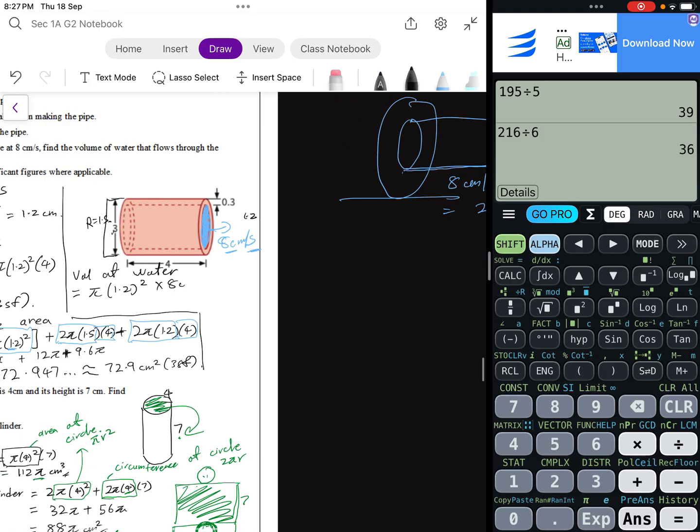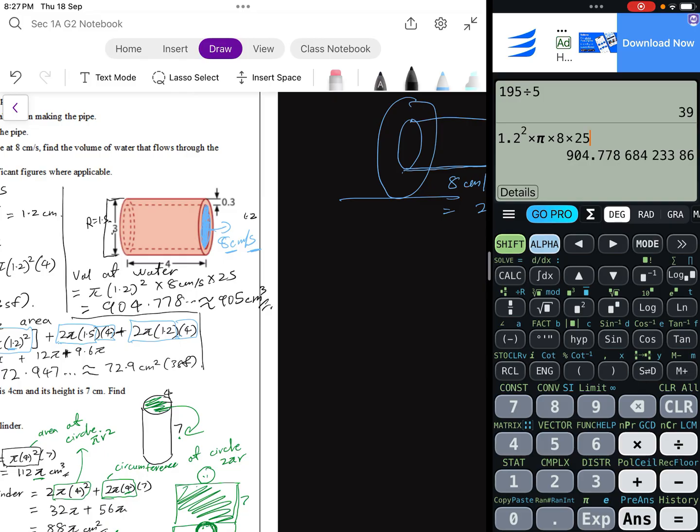So we get 1.2 square times pi times 8 times 25. We will get 904.778. To 3 significant figures, 905 cm cube.